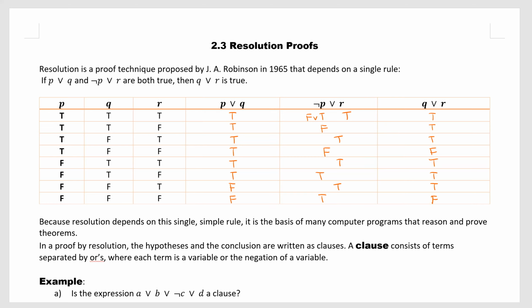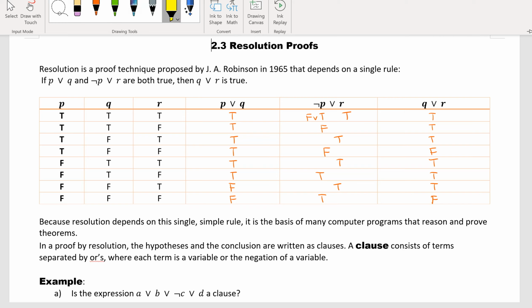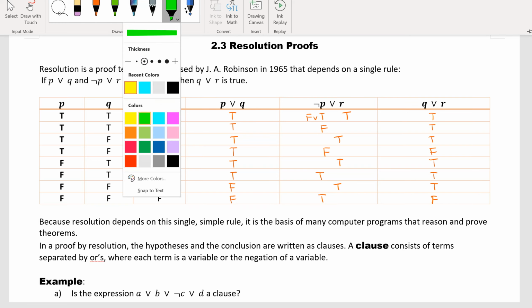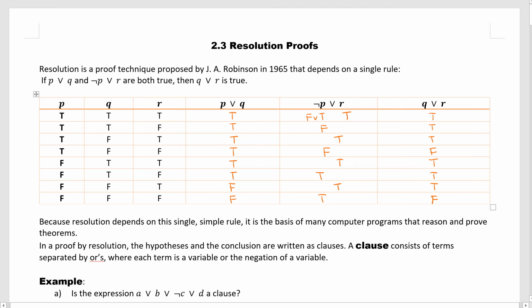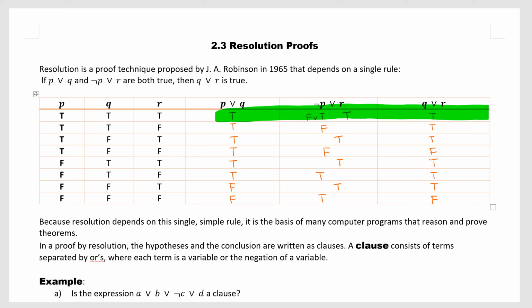Let's emphasize. We want to see if P or Q and not P or R are both true. So when do we have them both true? We get this one, and this one. True, true.